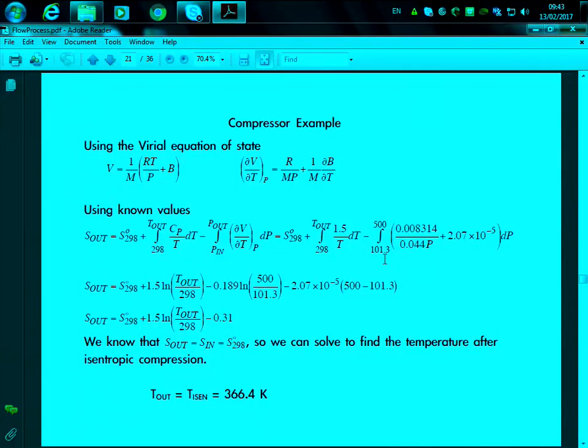Pressure is over here, so you can easily solve this integral as well as that one. Both of them will basically require the natural logarithm of the variables.